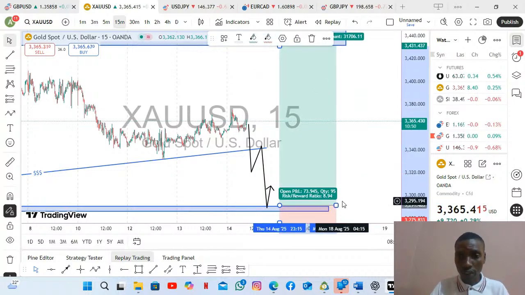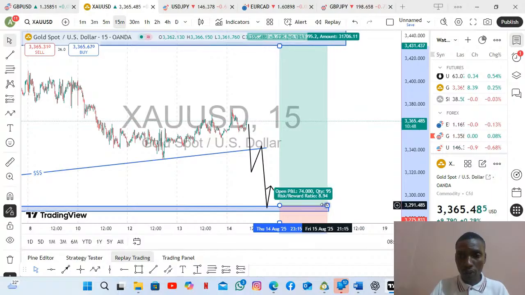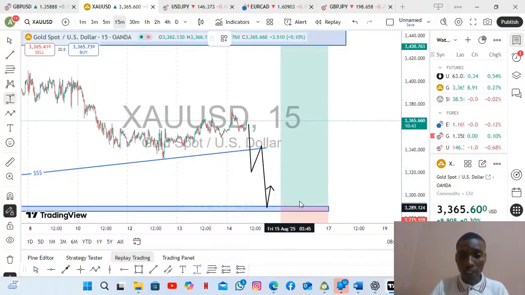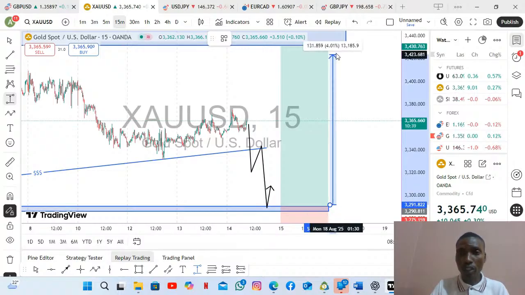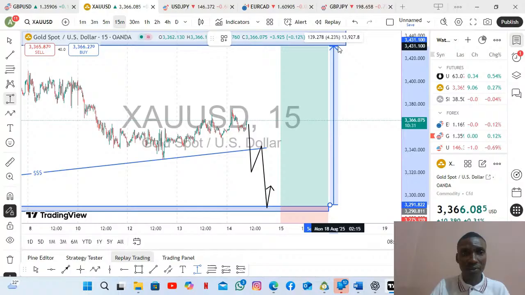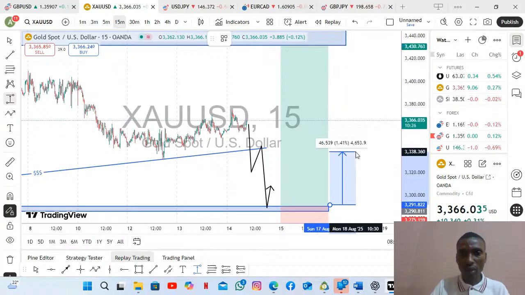And of course, I love looking at the pips. I love looking at pips, and that's for gold. If it goes the way we've predicted, wow, this is massive. I think that will just be too much.